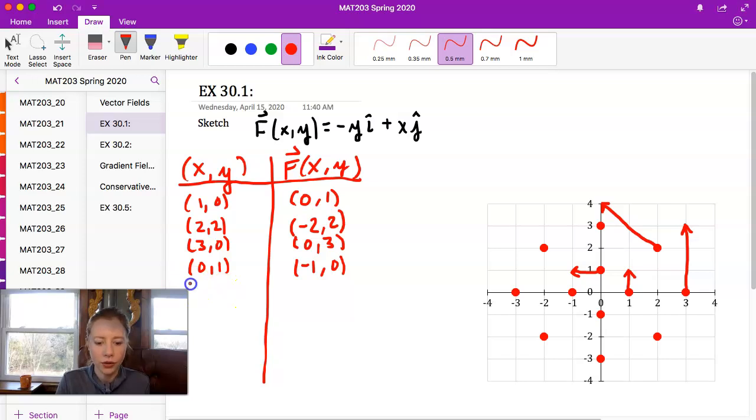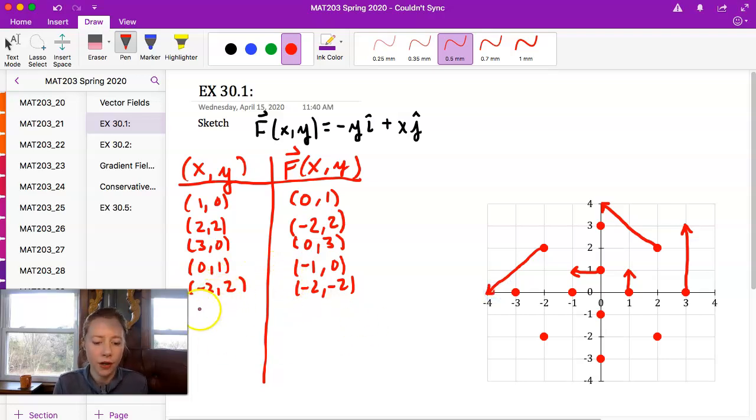Now let's do -2 and 2, and we'll get -2 and -2 out. If we go to -2 and 2, we're going to go to the left 2 and down 2. That's going to bring us to -4, 0.